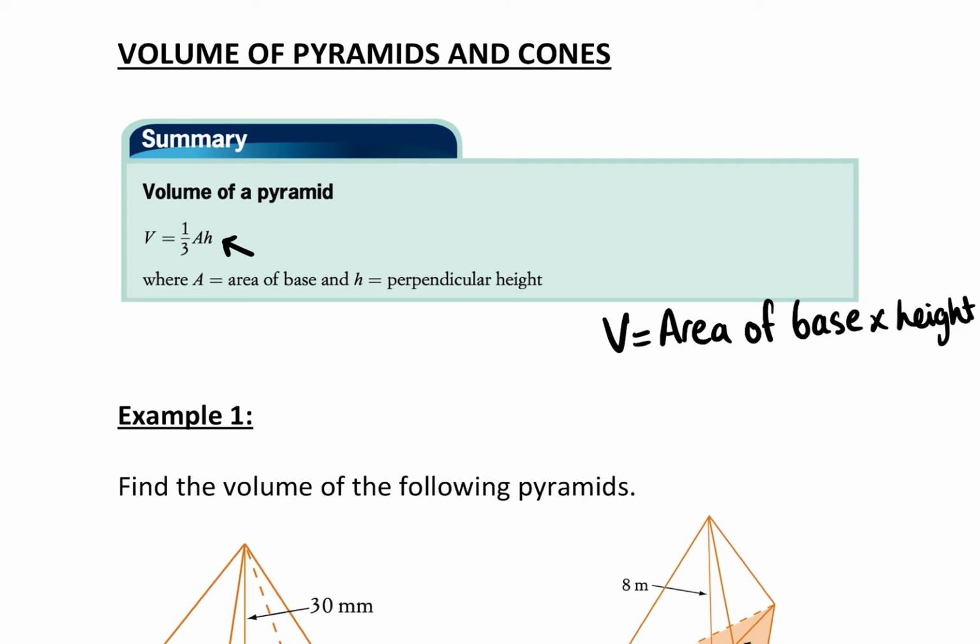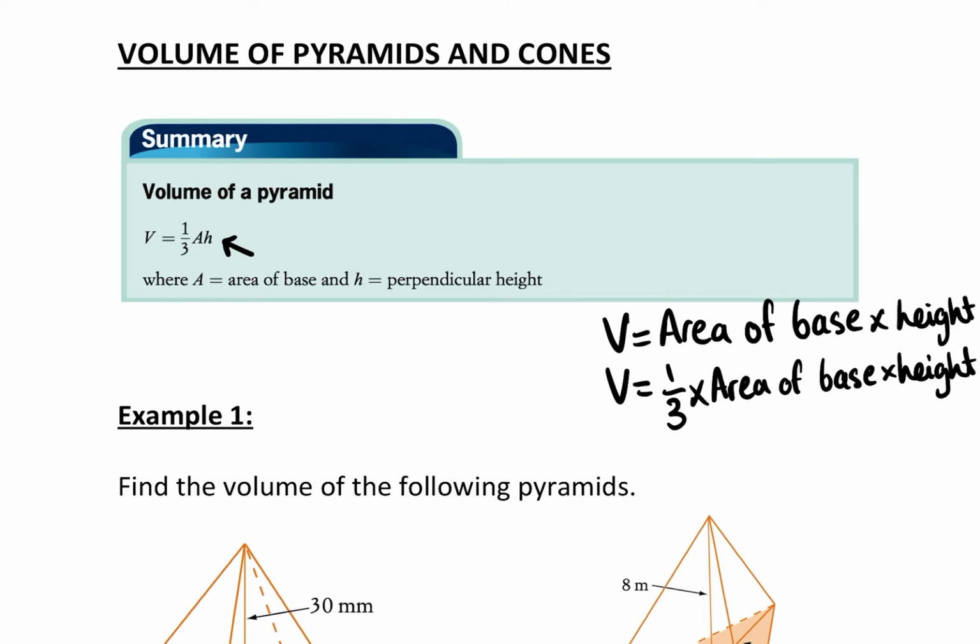And the formula for finding the volume of a pyramid is a third times area of base times the height. So you can see that there's a relationship there. What that's saying is the volume of a pyramid is actually just a third of the volume of a prism with the same base and height.